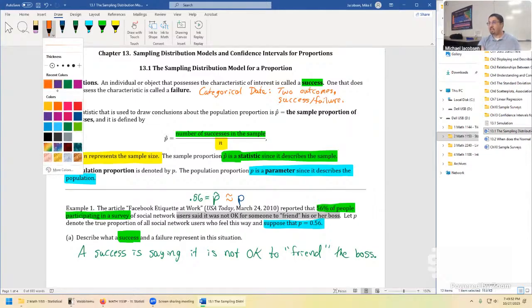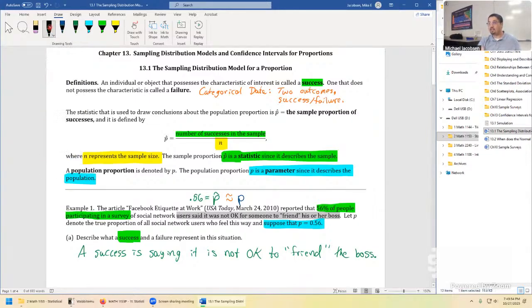We also have to say what the failure is, so let's say that as well. A failure is saying it is okay to friend the boss.